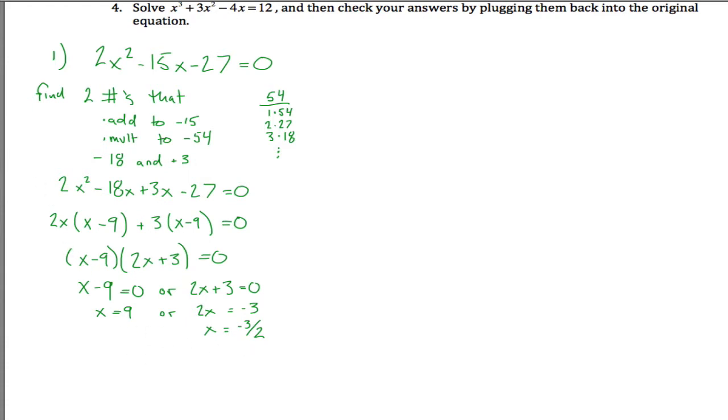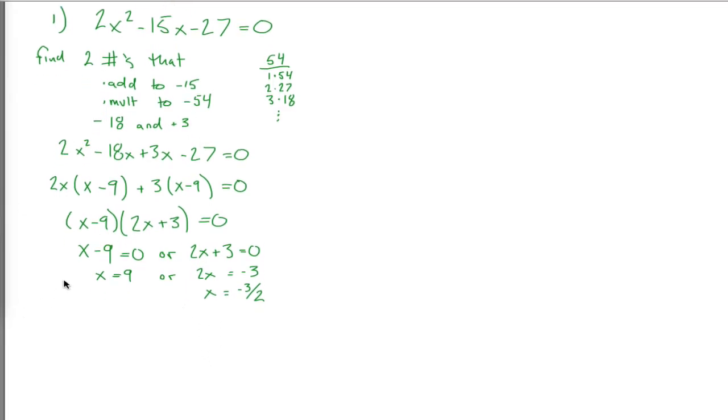I told you to check these. I don't really want to, but I guess I should. We can take either of these numbers and plug them back in for x. We can do 2 times 9 squared minus 15 times 9 minus 27, and make sure that that does in fact equal 0. 9 squared is 81, and 2 times 81 is 162. 15 times 9, well, 15 times 10 is 150.